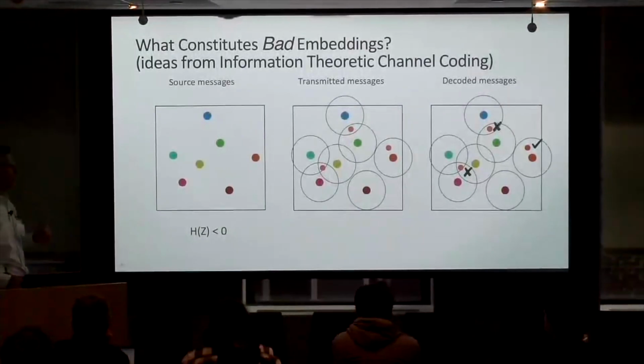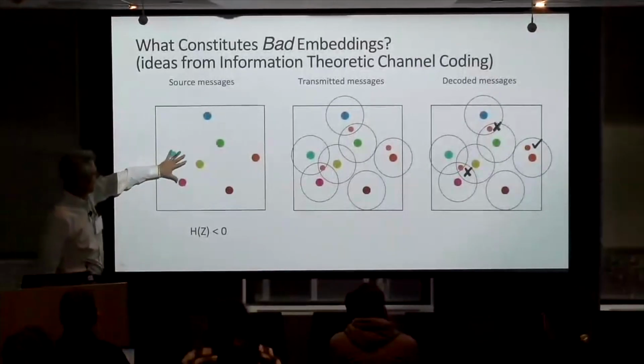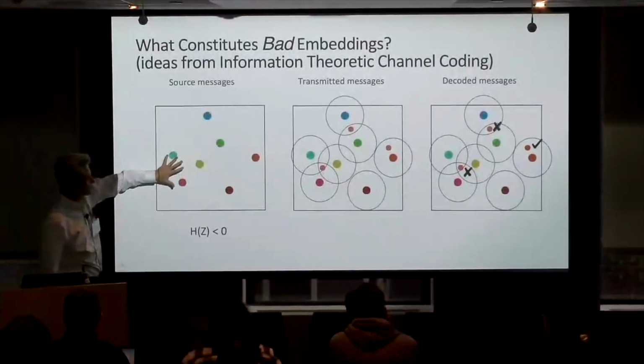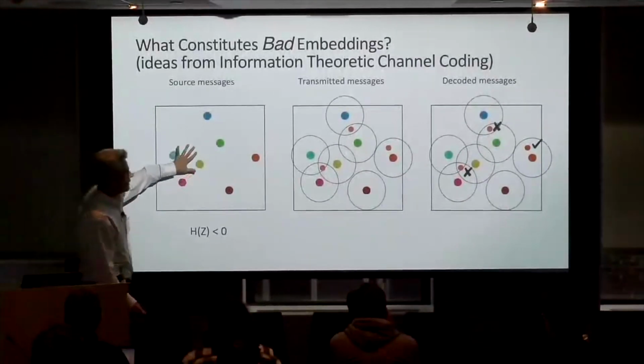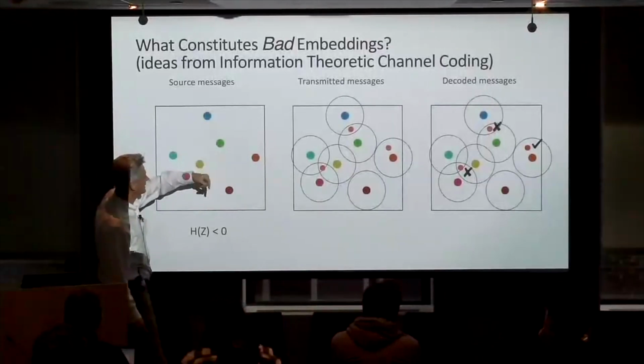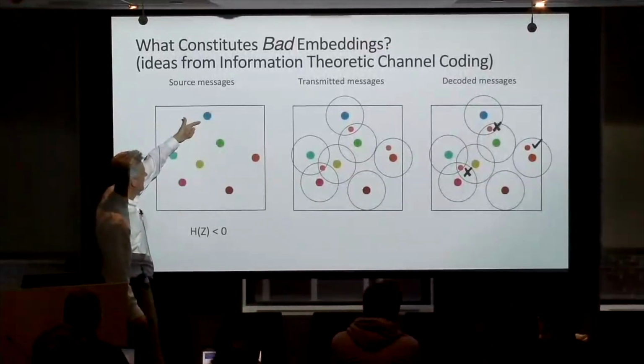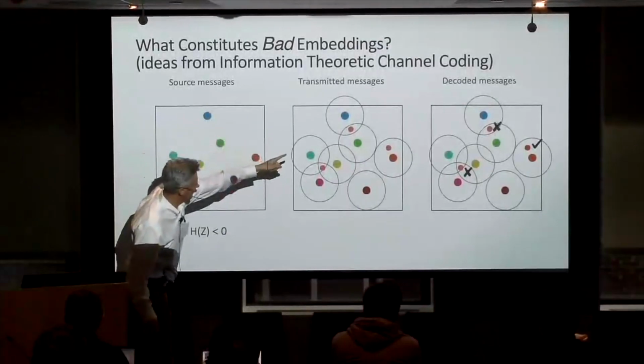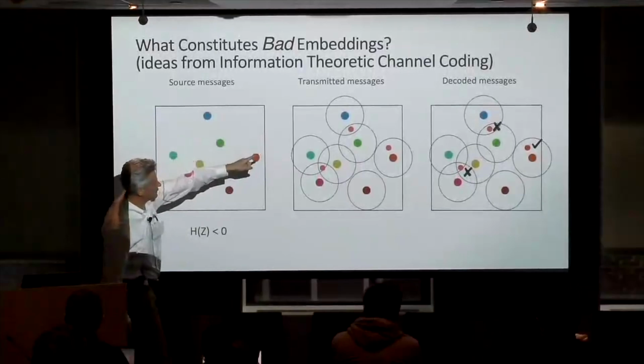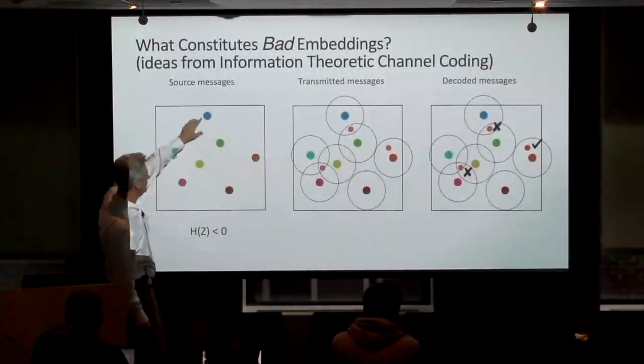If you're dealing with a system that has some noise in it, and you use embedding points that are not as far away as possible, then when you try to understand, let's say I have an image and I want to map it here, but I instead map it to the pink dot that's near it.